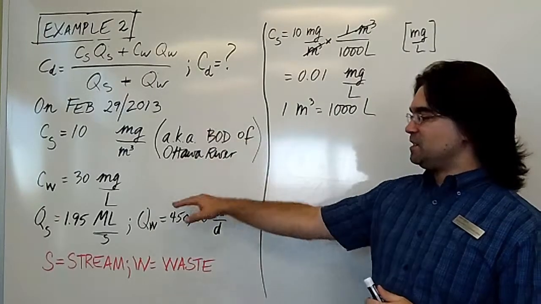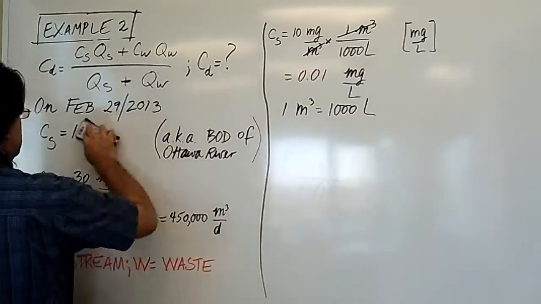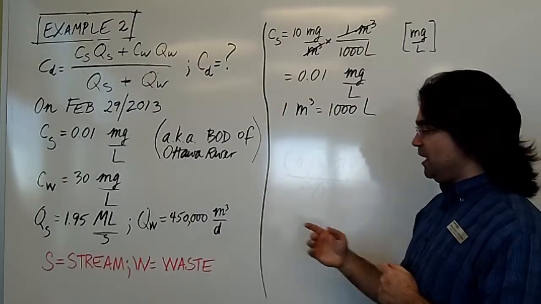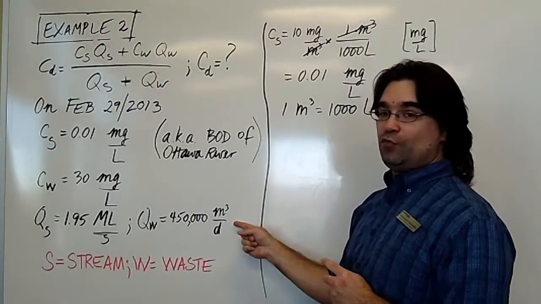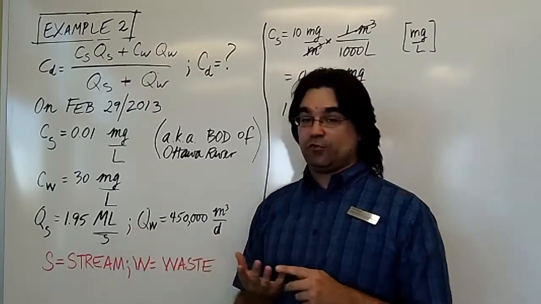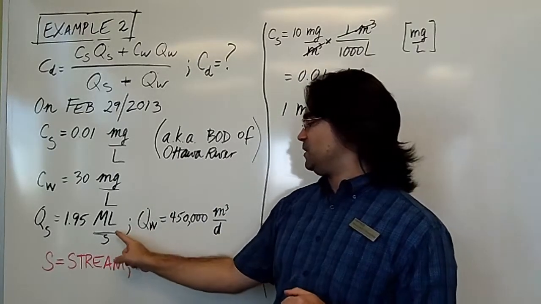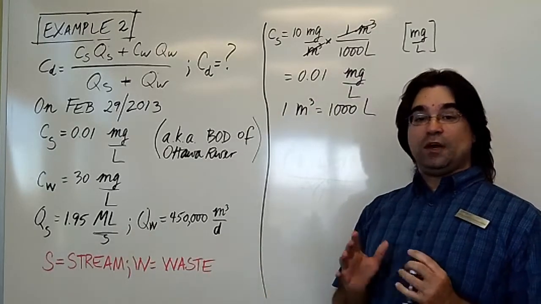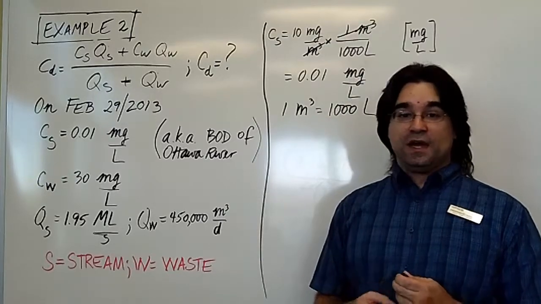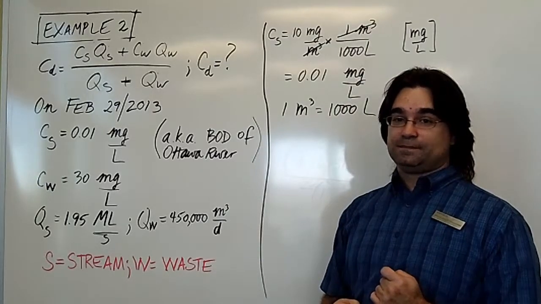That way I can stay consistent. It is now time to convert this flow of waste from these units to these units. Because if you remember from example number 1, we stuck with these units. Now please note, we could do the opposite. Convert these units to that. It doesn't matter as long as we're consistent.